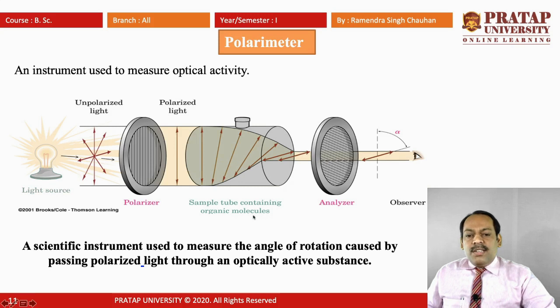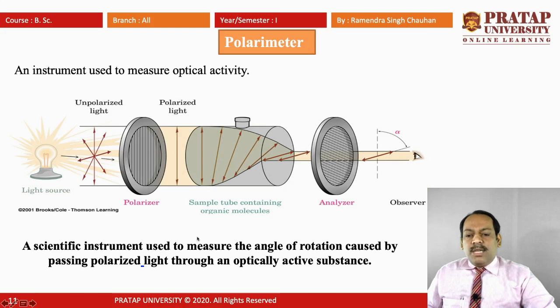So we can see that theta is equal to SLC, so S is equal to theta upon LC, where L is the length of the optically active substance. We generally use polarimeter tubes of various lengths, and whatever we use, we can use that length. C is the concentration of the solution, or if we are using a liquid, then we can take the density.